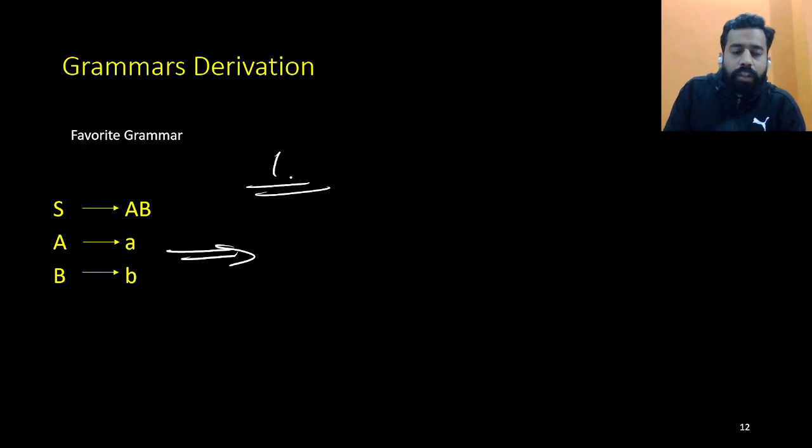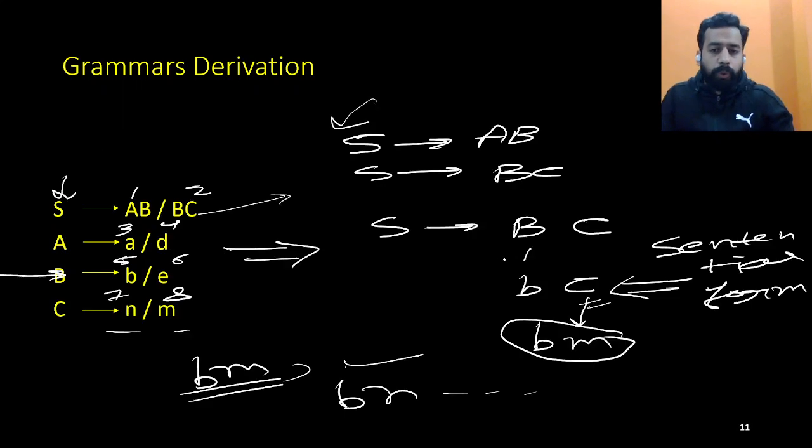Before proceeding further, let me also tell you about derivation. All these strings that we have generated are also called derivations. So we have derived from our starting symbol to produce these strings.